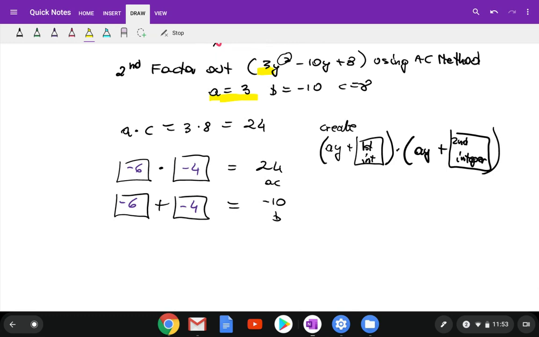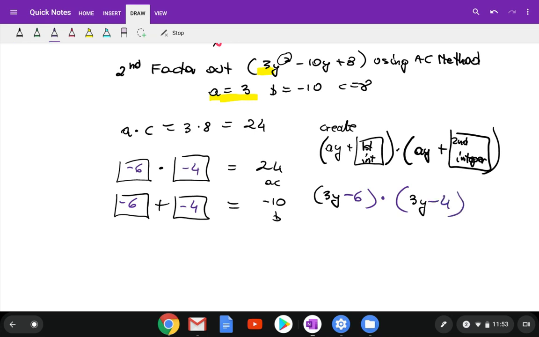Okay, so we're having 3y plus first integer plus negative 6, which you can just put as negative 6, times 3y plus the second integer, which is negative 4, so you can just put it as negative 4.